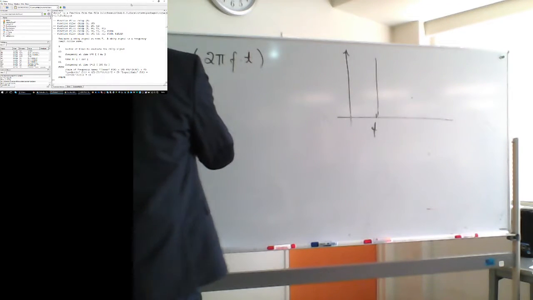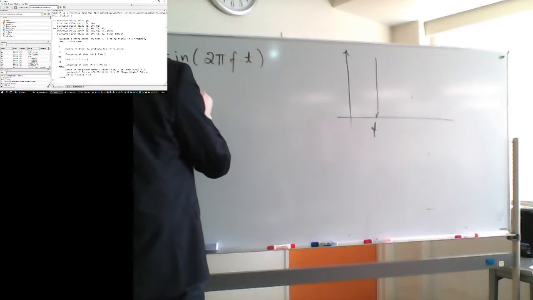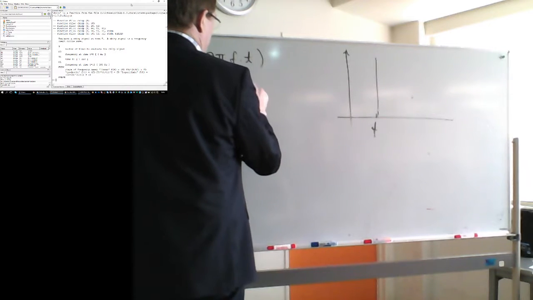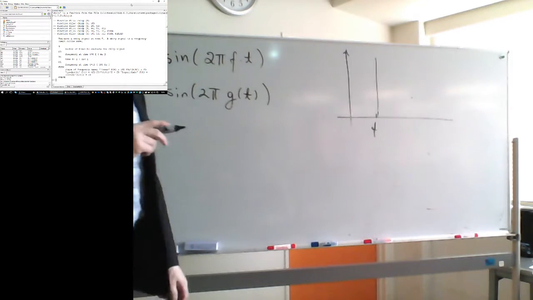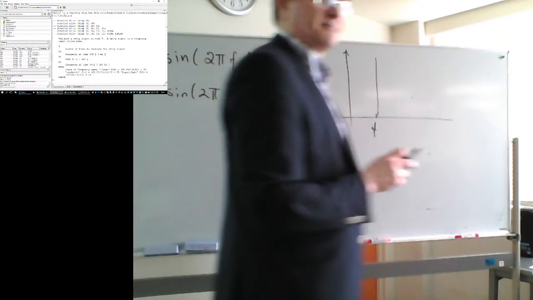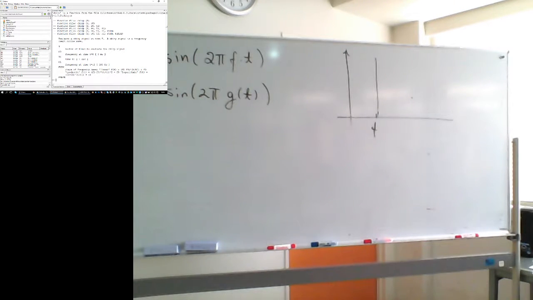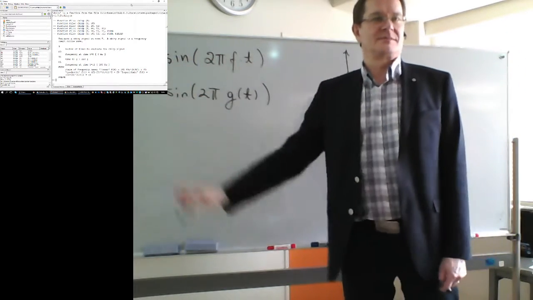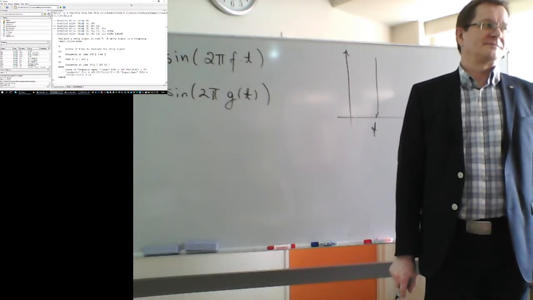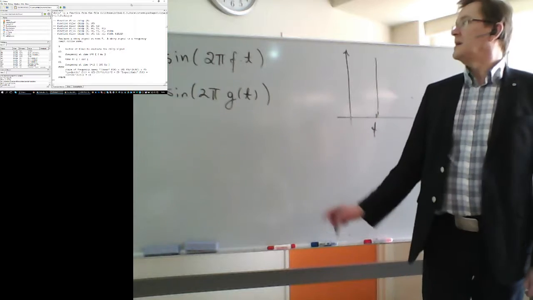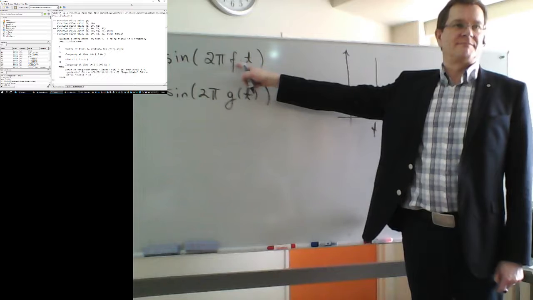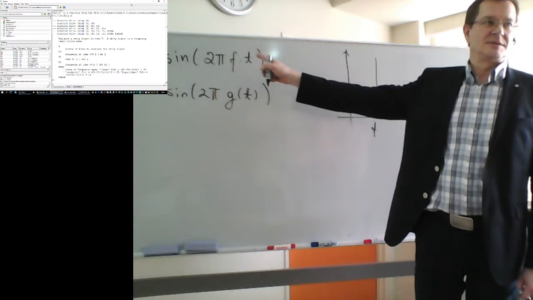But what is the frequency of this signal here? Hint: the frequency here is f, multiplied then by t.